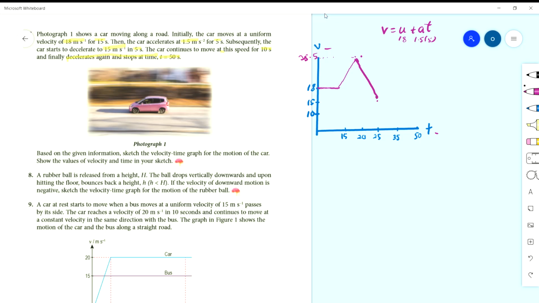Lepas tu continue move at this speed. This speed tu apa? 15 lah, for another 10 seconds. So daripada 25 sampai 35, another 10 seconds. Then decelerate again until it stops, sampai kosong. Okay, buat cantik lah. Decelerate. So that's your graph.